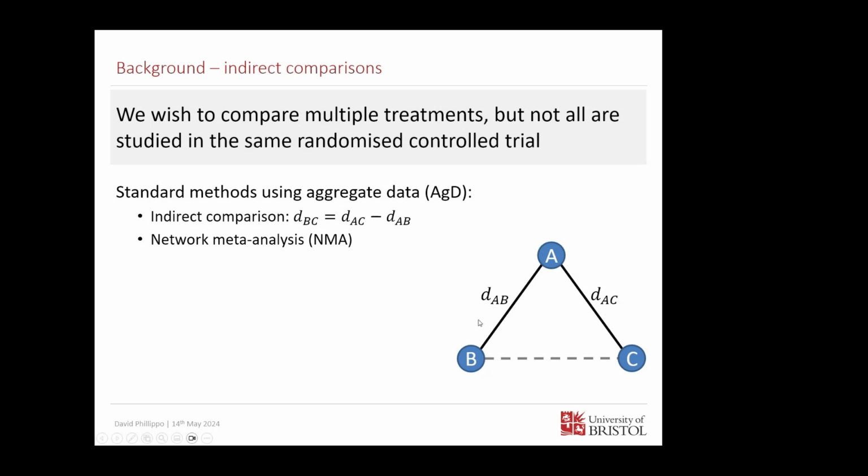Then using these relative effects, you can form what's called an indirect comparison. So you can estimate the B versus C relative treatment effect by taking the difference of the AC and the AB effects. So essentially just joining the dots here.